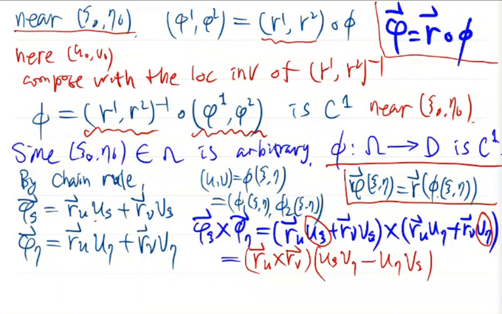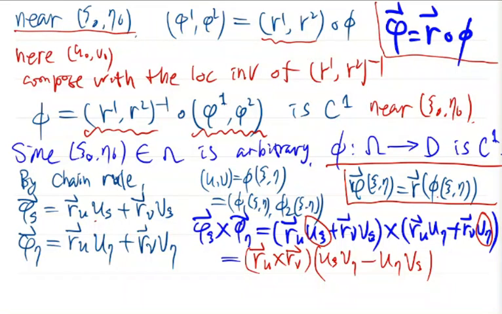The other terms involve cross products that vanish. Only the cross term, the cross product of Ru and Rv, remains. Therefore, this is the result of phi_ξ cross phi_η.